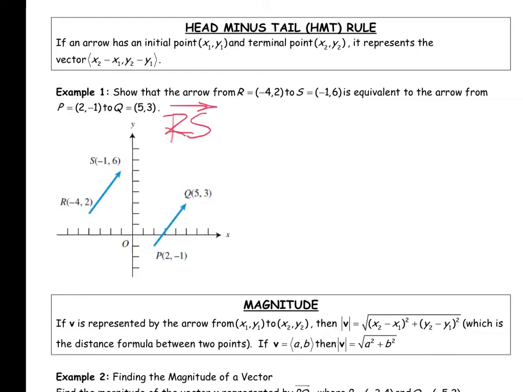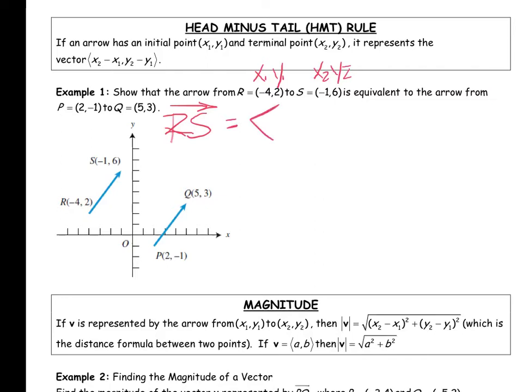Really, I have an object, and it starts here at R, and it ends up at S, negative 1, 6. I want to see what that vector is, and then see if it's equivalent to the arrow PQ. So one of the first things I'm going to do is label my initial point as x1, y1, and my terminal point, or final point, as x2, y2.